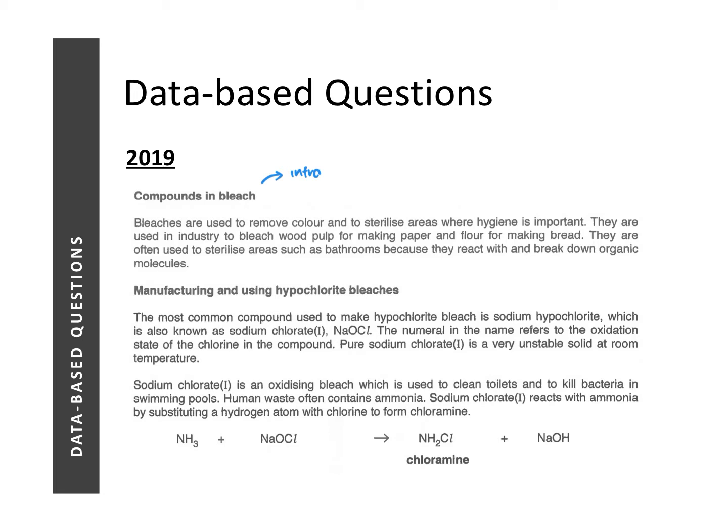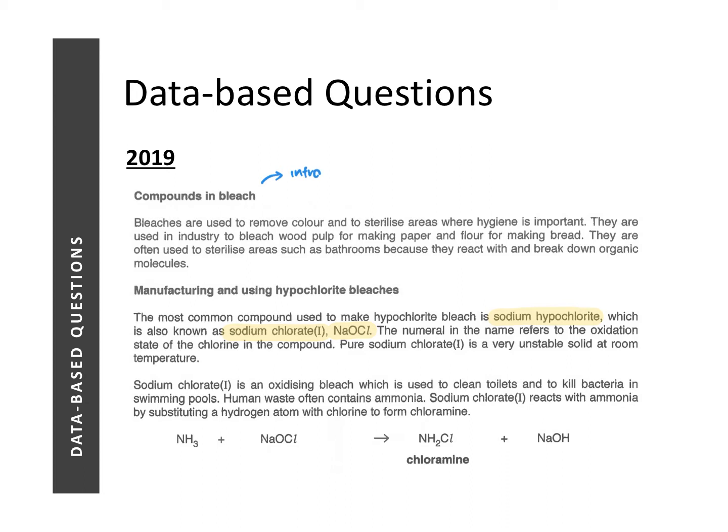The first one is that the main compound in bleach is sodium hypochlorite. It is also known as sodium chlorate(I), and the formula is NaOCl. So this paragraph is talking about the all-important compound, sodium hypochlorite, also known as sodium chlorate(I).